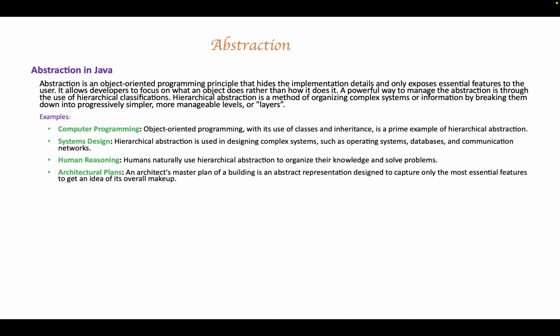Now, what is this hierarchical classification? Suppose you can call anything a vehicle, like a car. It can be a car, a bike, a scooty, a school bus, a truck, etc. In that superclass of vehicle, there can be many subclasses like a car, a school bus, a scooty, a bike.